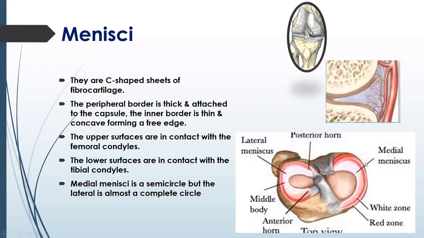The medial meniscus is attached to the capsule, while the lateral meniscus is not attached to the capsule. It makes it move more freely. Because the medial meniscus is attached to the capsule, it increases the risk of tear, so tears are more common in the medial meniscus than the lateral meniscus.